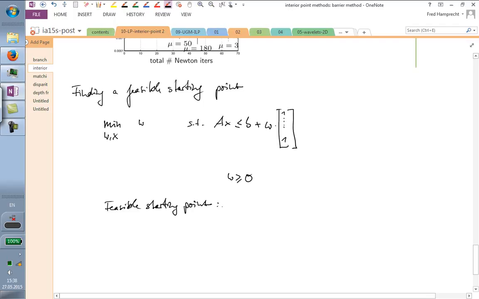Namely, we can set x to 0, and then we have to choose w large enough so that b plus w times this vector of 1s is no less than 0.